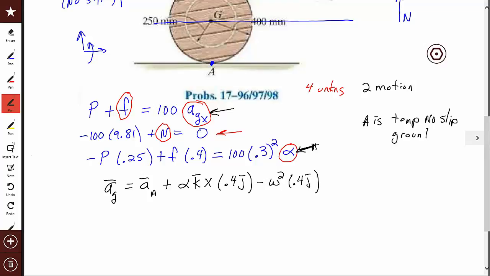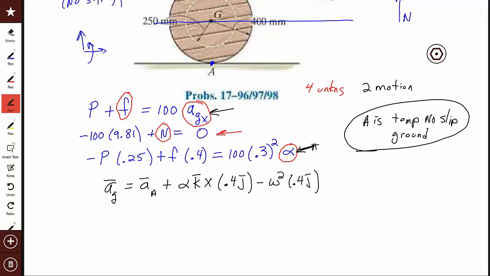I gave you a table that says the velocity of a temporary contact, no slip, is the same, but the accelerations are not. The accelerations for temporary contact, no slip, are that the accelerations in the plane direction, which in this case is horizontal, are the same. So the acceleration of A horizontally is the same as the acceleration of the ground horizontally.